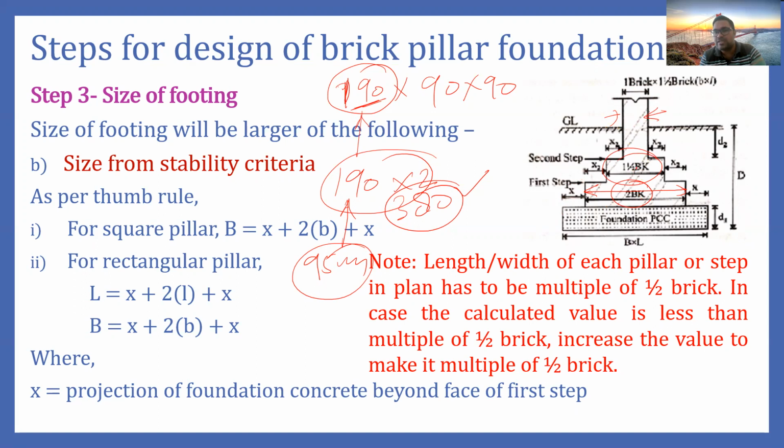So all these steps will be dimensioned such that they will be multiple of half brick. By chance, if the value is less than half brick, we have to increase the value such that it becomes the multiple of half brick. So that is also we need to consider in the design.